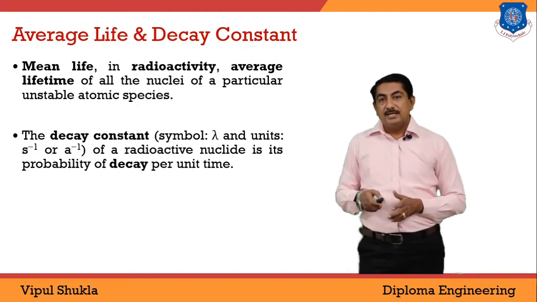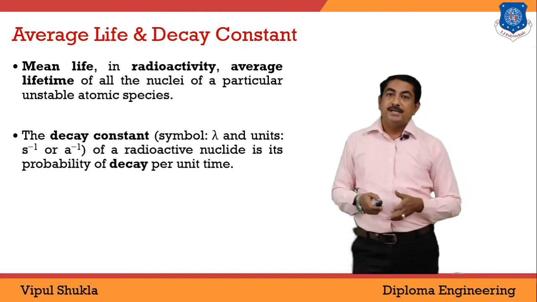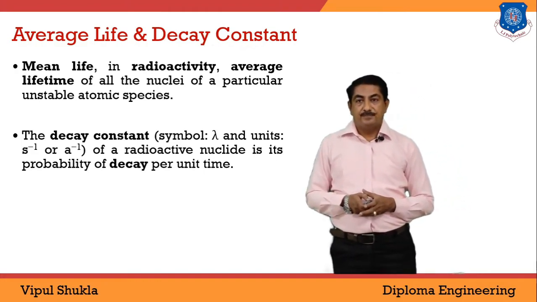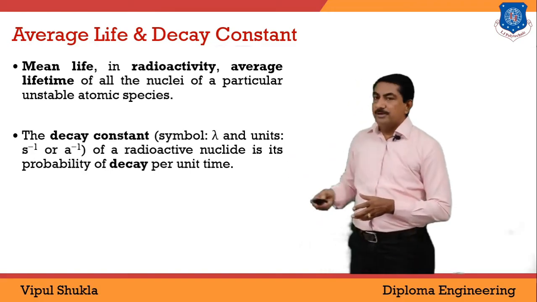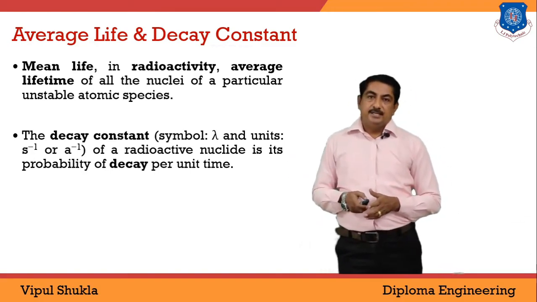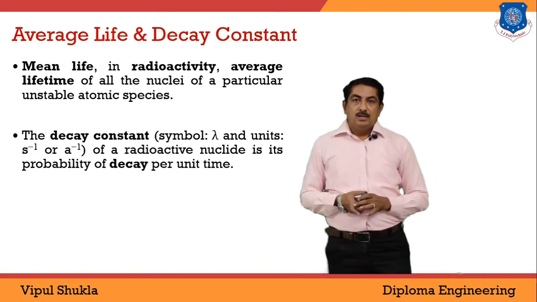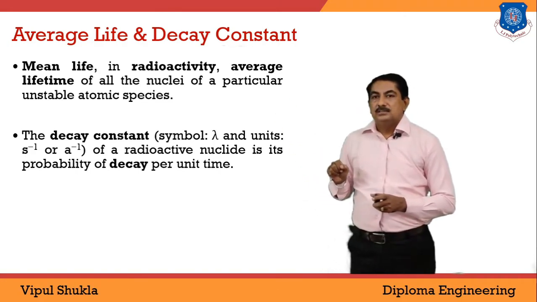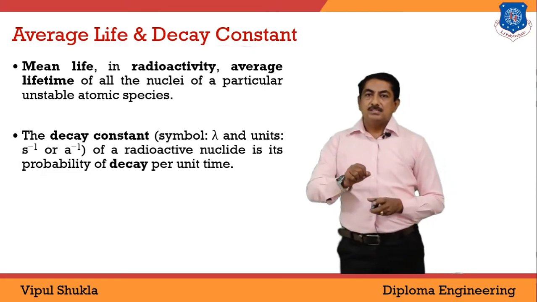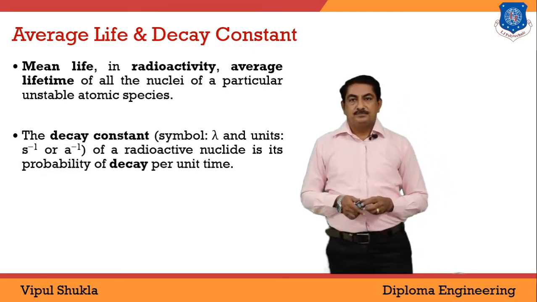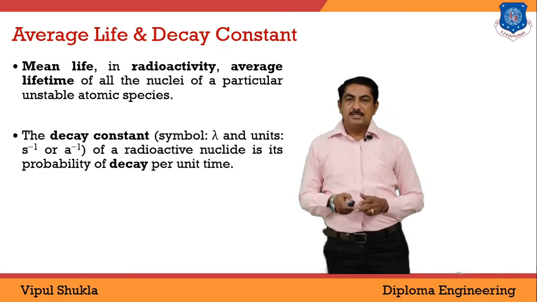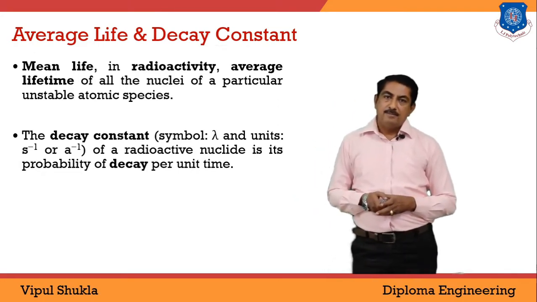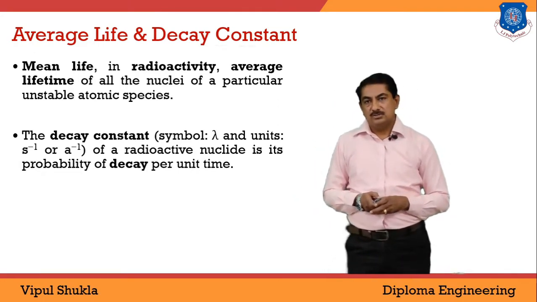As a result, the decay process, or disintegration of nuclei, takes place. The unit of decay constant is second inverse. If we discuss the relation between average life and decay constant, average life is inversely proportional to the decay constant. So average life equal to 1 upon lambda, 1 upon the decay constant.